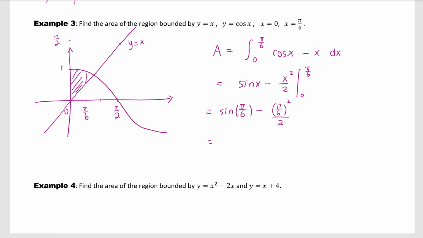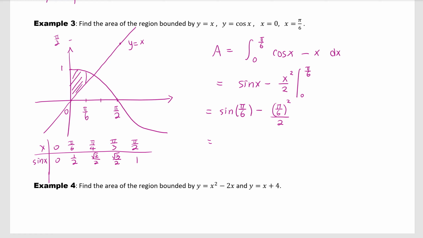So what are the common angle values? x is 0, pi over 6, pi over 4, pi over 3, pi over 2. And sine x is 0, 1/2, root 2 over 2, root 3 over 2, and 1.